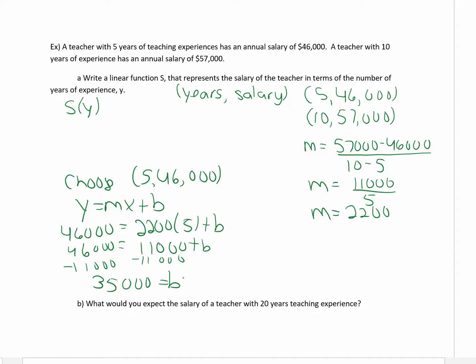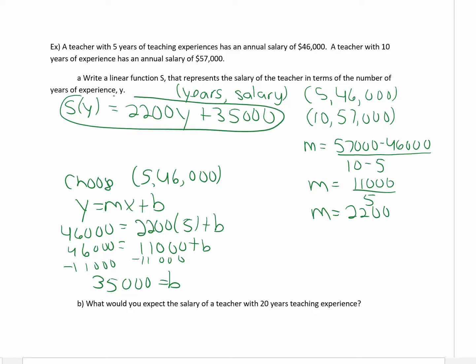Okay, so now we know what the y-intercept is and we know what the slope is. So now we can finally write our linear function, so s of y. So remember, the variable here is y because that's what the domain is. So here's our linear function.